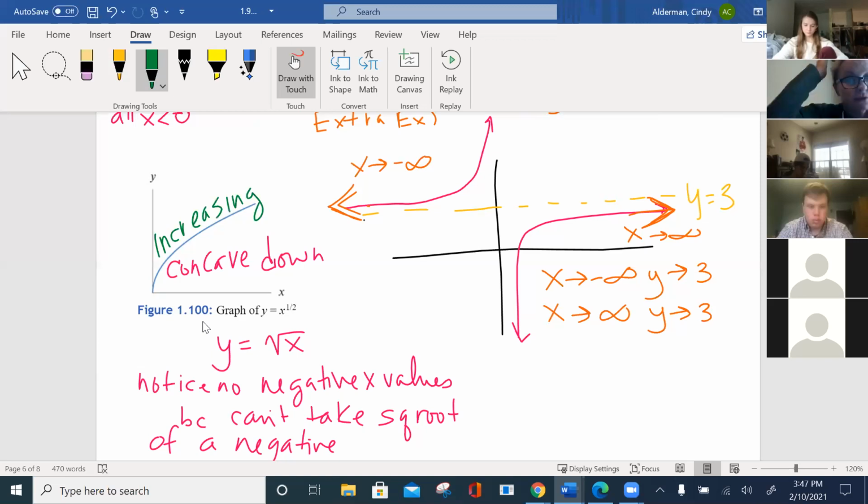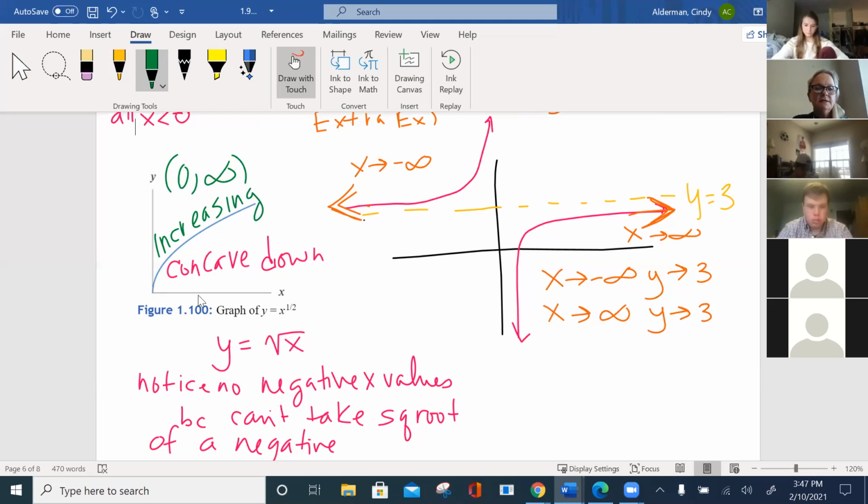And if you wanted to use interval notation to answer that question, you could say it's increasing from 0 to infinity over the whole graph. And then there's one other thing I wanted to talk about.